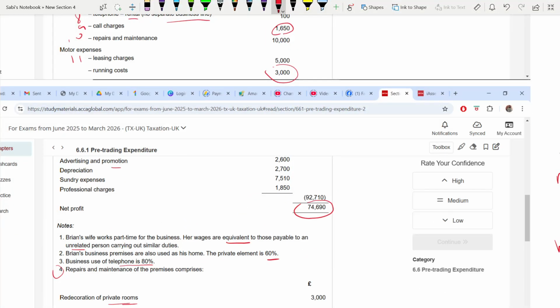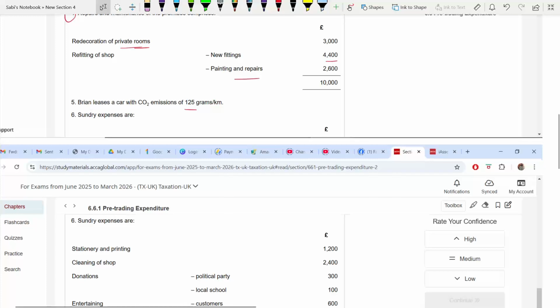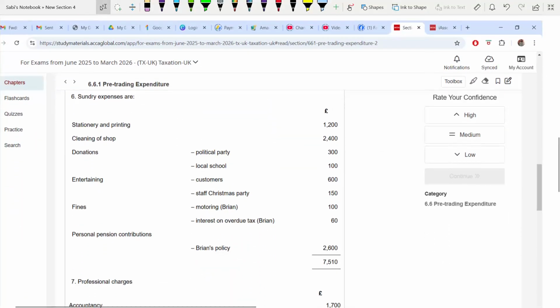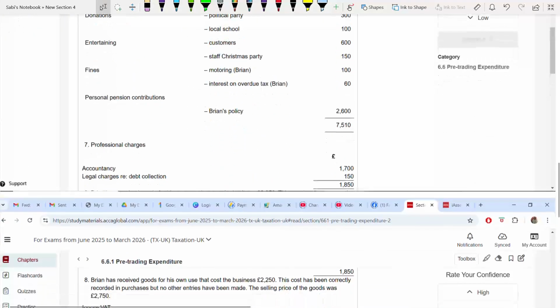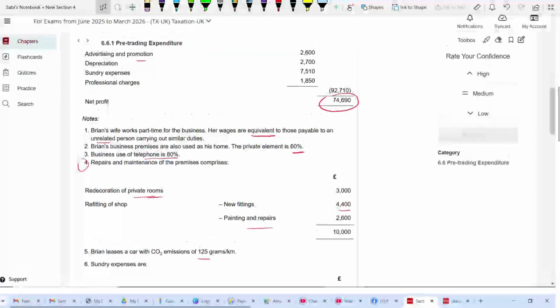Advertising and promotion. Advertising and promotion is for trading purpose in this case. They haven't mentioned anything, did they? They haven't. Okay. So here, advertising and promotion is allowable. So next to that we'll write 0.